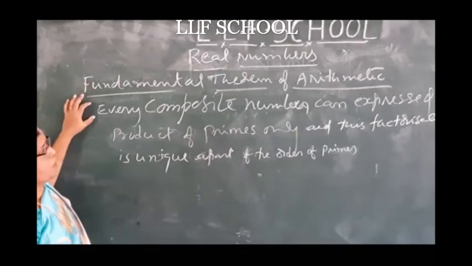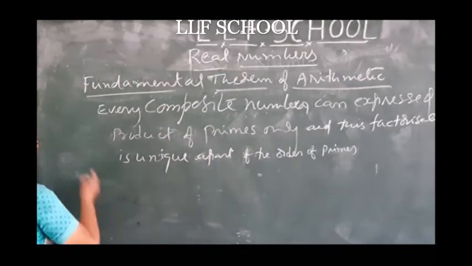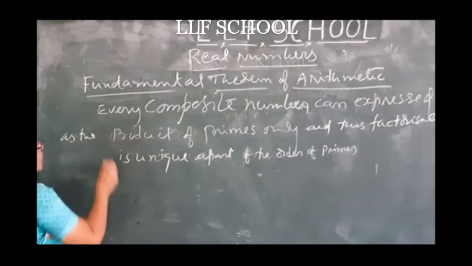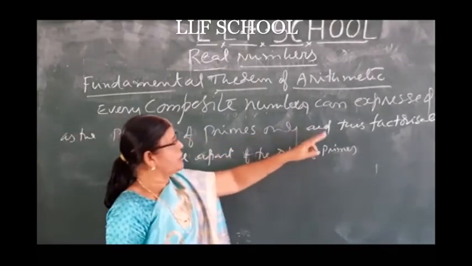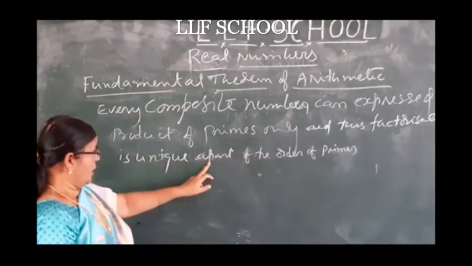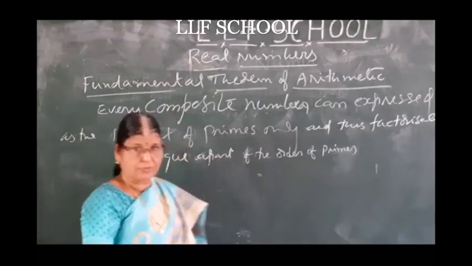See here, every composite number can be expressed as the product of primes only, and this factorization is unique apart from the order of primes.